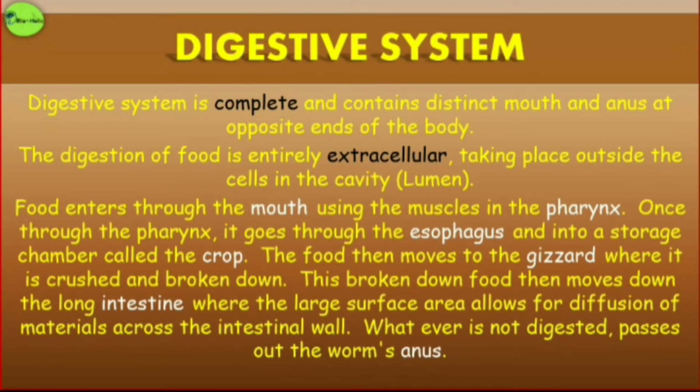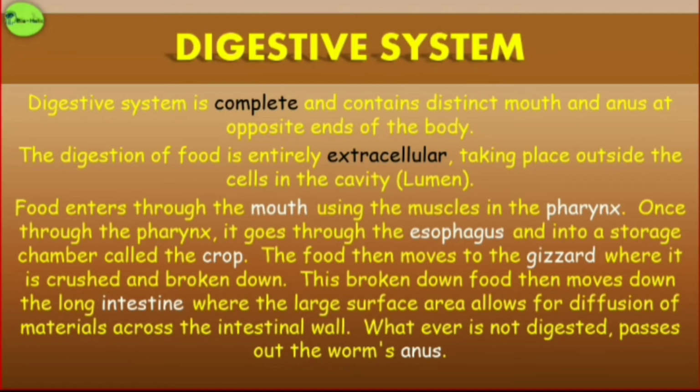Now the food enters the mouth using the muscles present in the pharynx, and once through the pharynx, it goes through the esophagus and into a storage chamber called the crop. Then the food moves to the gizzard, where it is crushed and broken down.